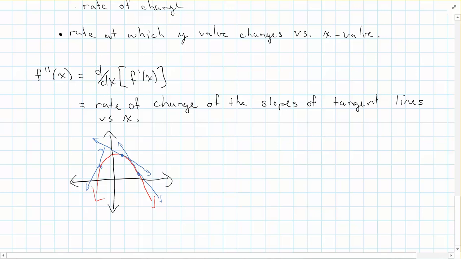So if I look at this first one to the left here, I'll label this one 1, it has positive slope. And then if I look at number 2 here, which I'll put right here, this has negative slope.